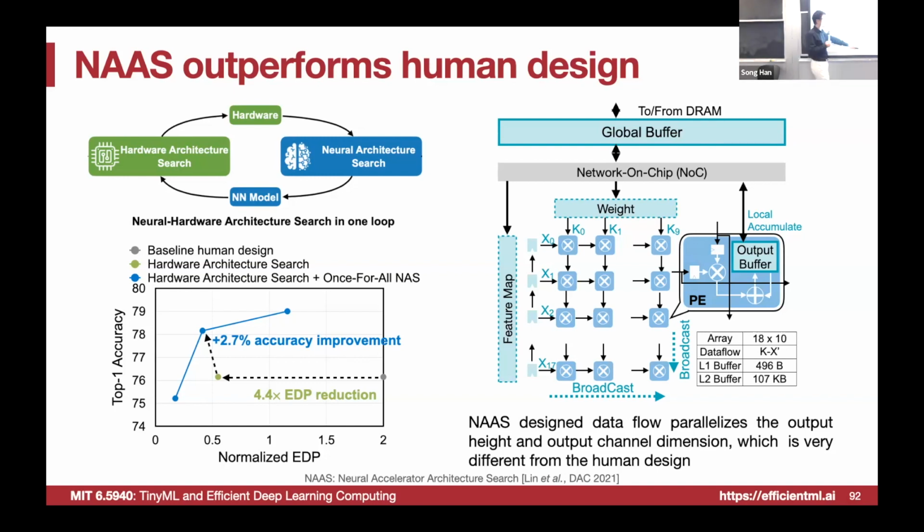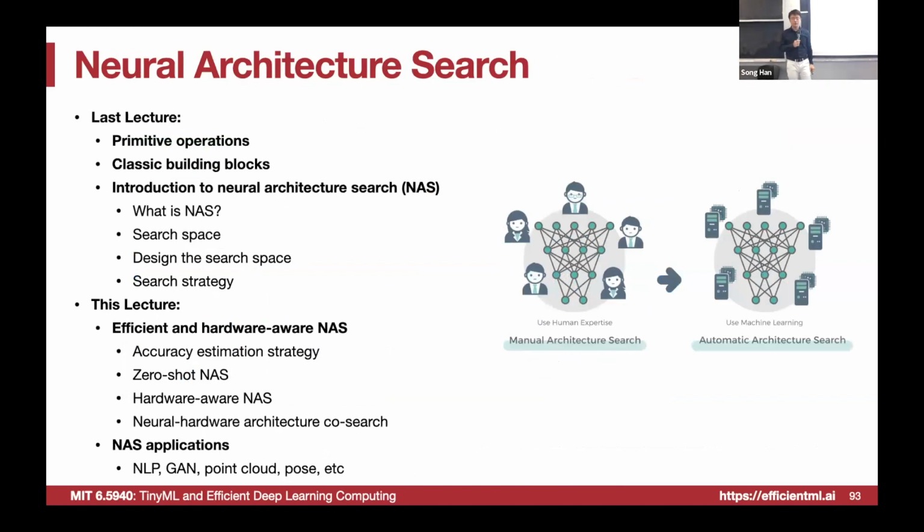And the NAS design dataflow is designed to parallelize the output height and output channel dimension. And this is the buffer size it shows, 496 bytes, which is quite different from human design. So that's all for the neural architecture and hardware-aware neural architecture search.